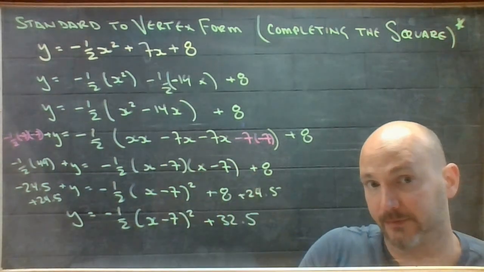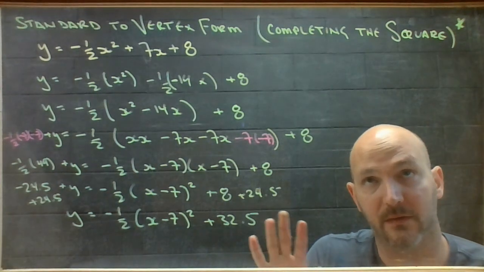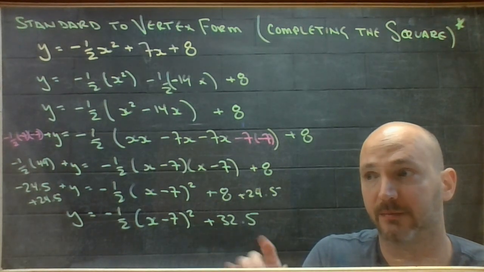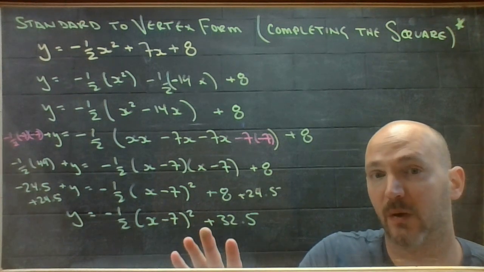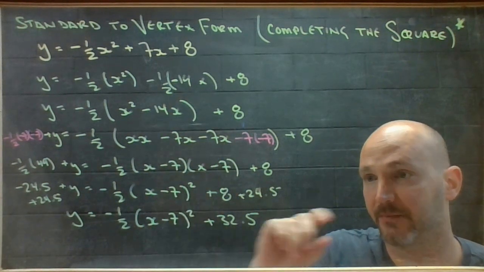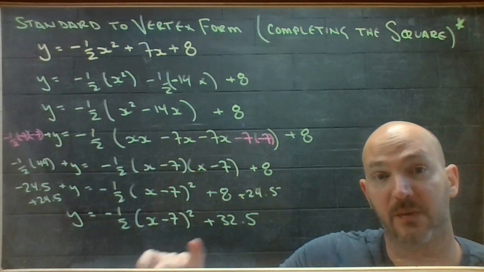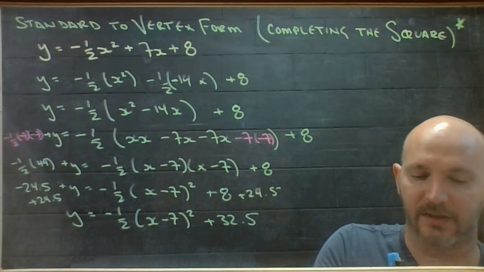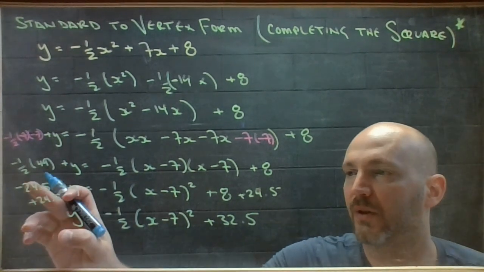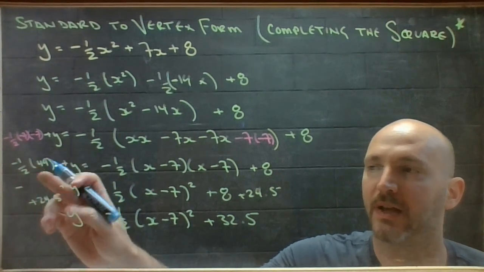That's done. I went from standard form to vertex form. I have followed the instructions. So if you can do this, you know how to do this type of problem. I am going to go back and I'm going to fix these to be fractions instead. So let's start adding fractions in. 24.5 came from 1/2 of 49.